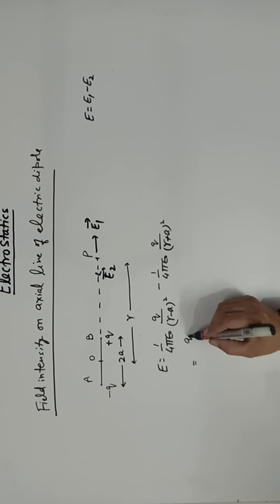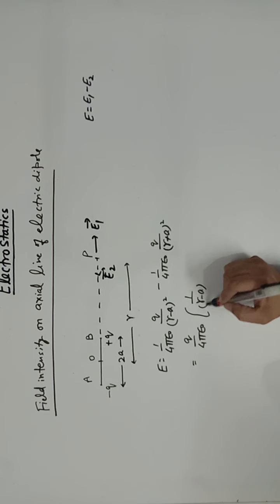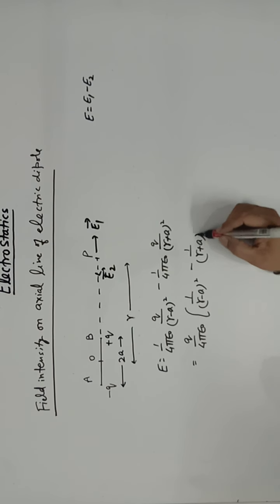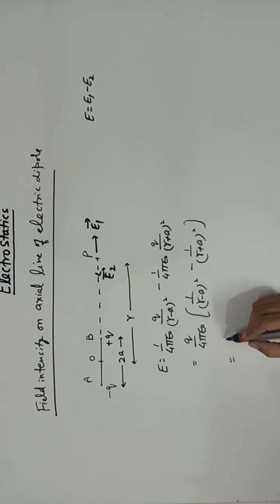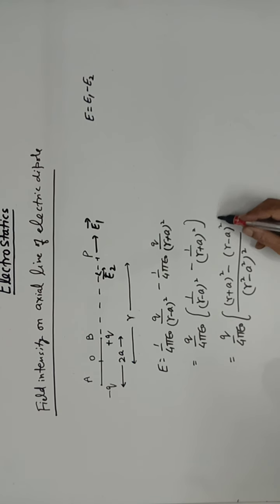We take common q upon 4 pi epsilon naught. The remainder is 1 upon r minus a whole square minus 1 upon r plus a whole square. Taking the LCM, r square minus a square whole square, we are left with r plus a whole square minus r minus a whole square.